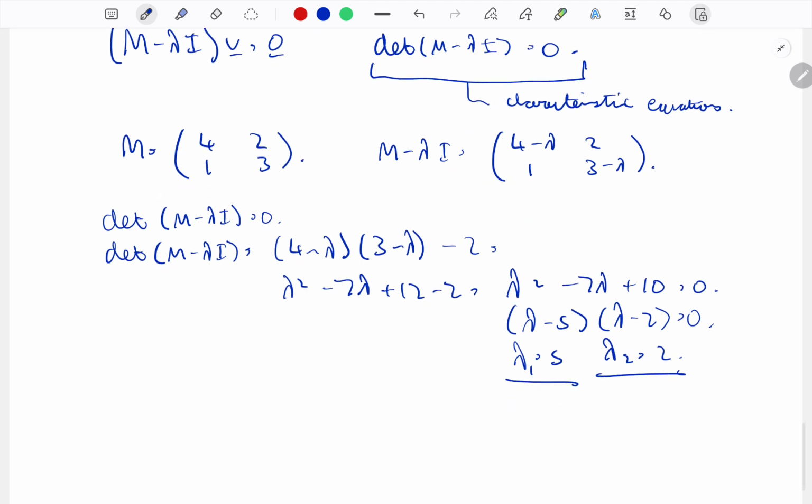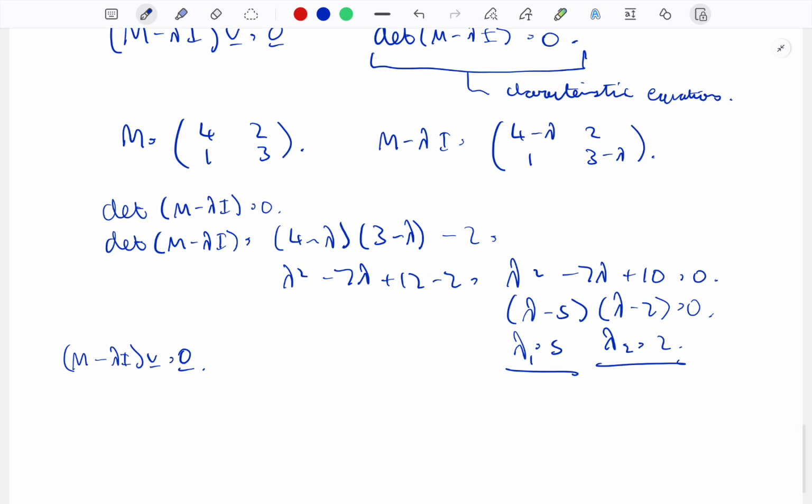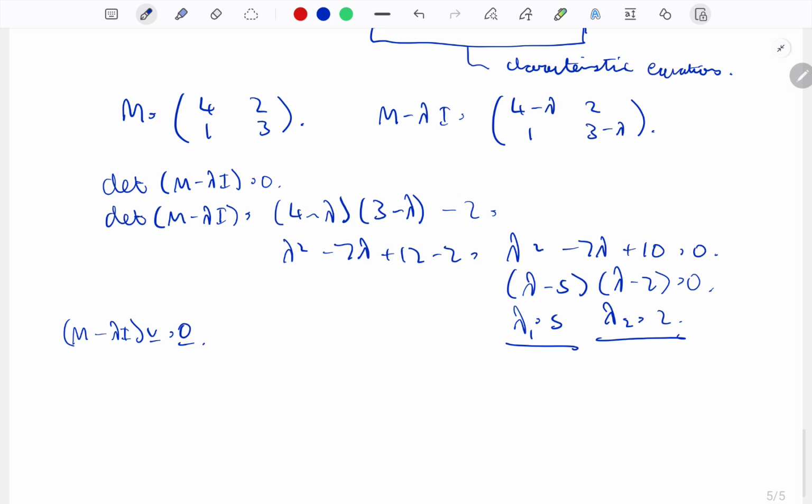What we also know is that M minus lambda I v is equal to 0. So let's first consider lambda 1 is equal to 5. 4 minus lambda, so 4 minus 5 is minus 1. 2, 1, 3 take away 5 is minus 2.